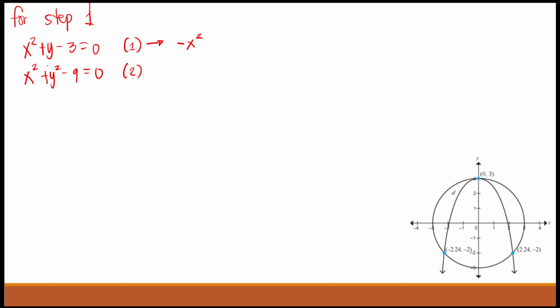Okay. So, when we multiply negative 1, of course, you multiply both sides, left and right side of the equation, we will get negative x squared minus y. Negative 1 times negative 3 is positive 3. And then on the right side, 0 times negative 1 is still 0. So we have a new equation. Let's call that equation 3. And then I will just copy equation number 2, x squared plus y squared minus 9 equals 0.